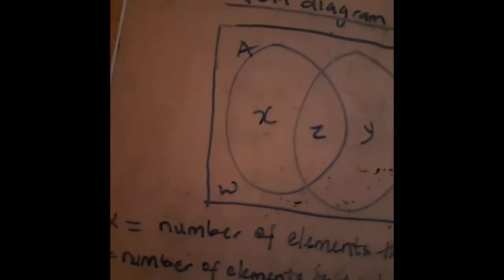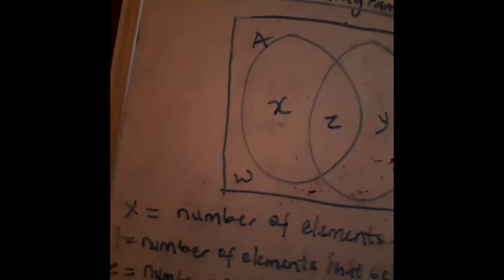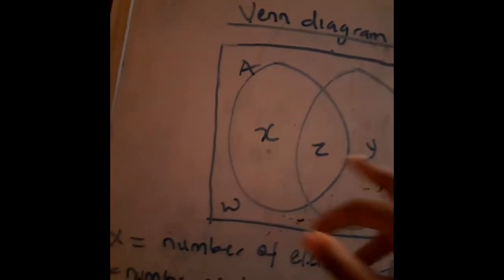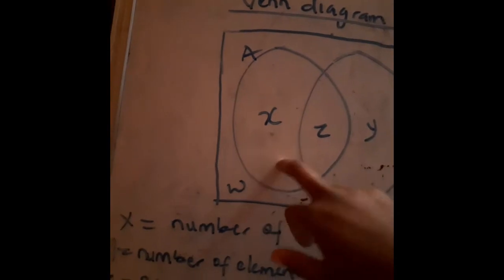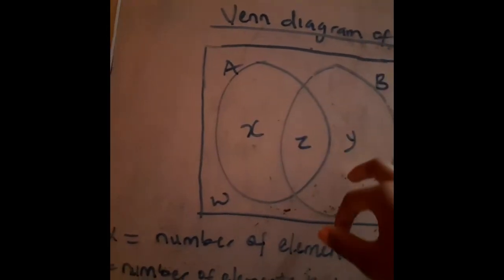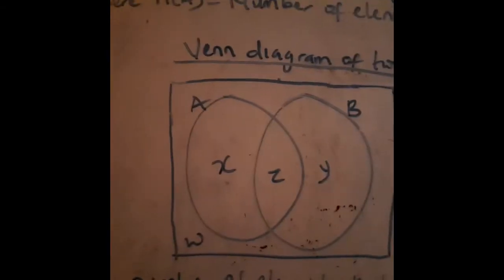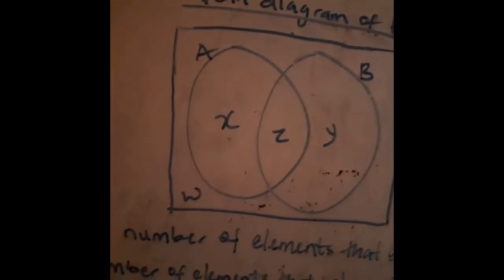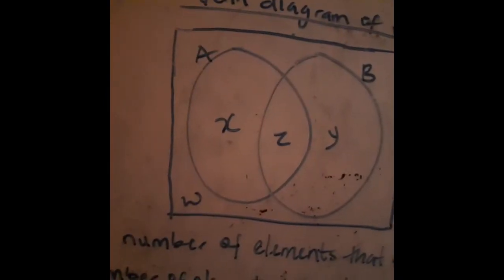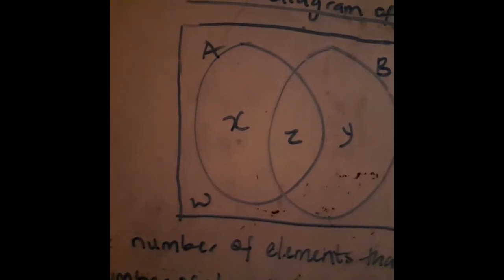The rectangular box is our universal set, while the circles denote our sets, and the letters or numbers in them denote our elements. So we are going to do that for three sets now.